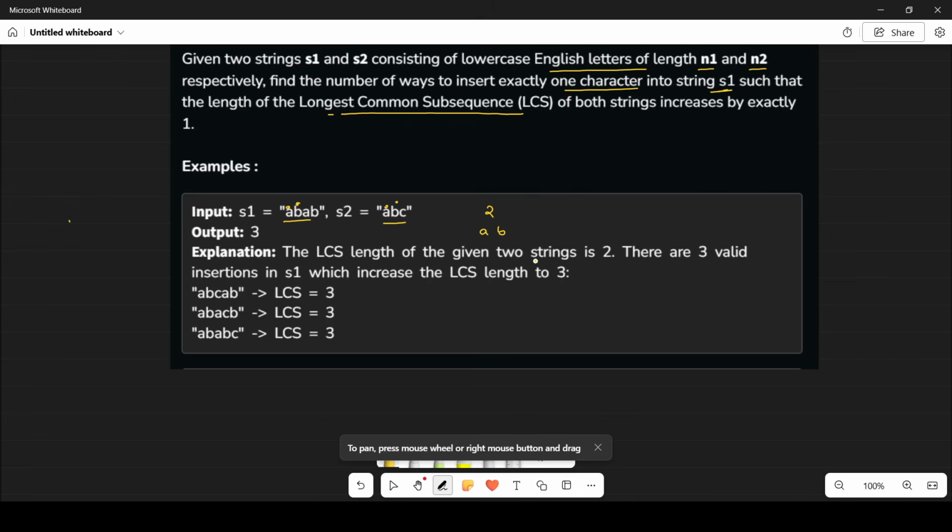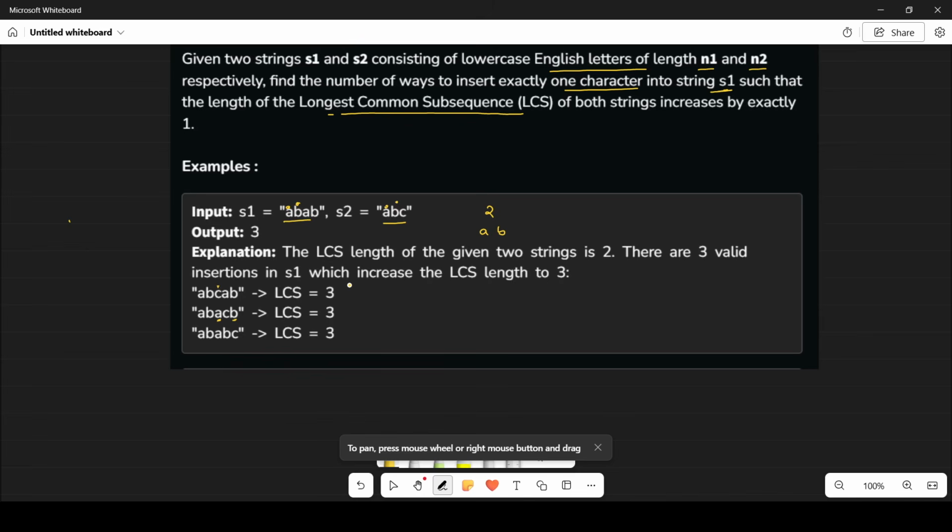Now if you insert the character C here in between of AB and AB, you will find that your LCS increases by 1. Similarly, if you insert C in between of A and B, then also your LCS increases by 1, because the initial LCS is 2 and now the new LCS is 3.